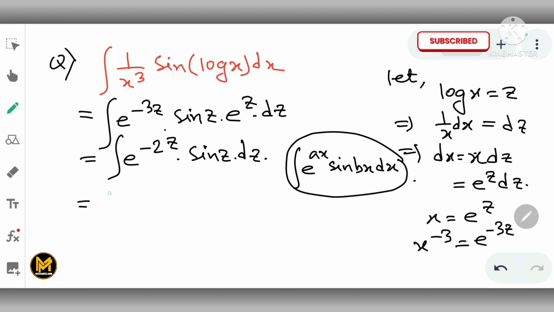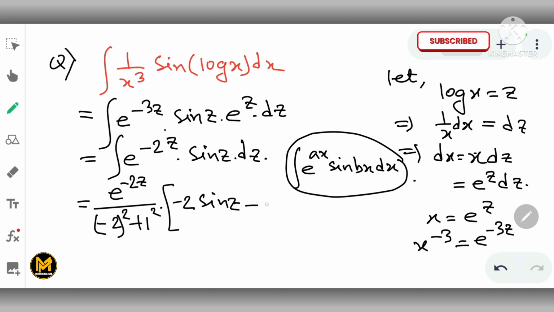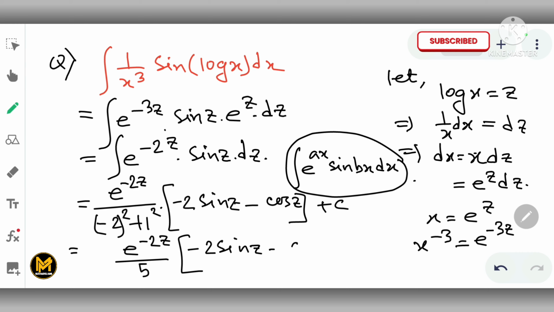So we will use the formula here, e to the power ax, that is minus 2z, divided by a square plus b square, inside the bracket it will be a into sine z minus b into cos z, b is 1 here, plus c. Now we will simplify it: e to the power minus 2z divided by 5, inside the bracket it is minus 2 sine z minus cos z, plus c.